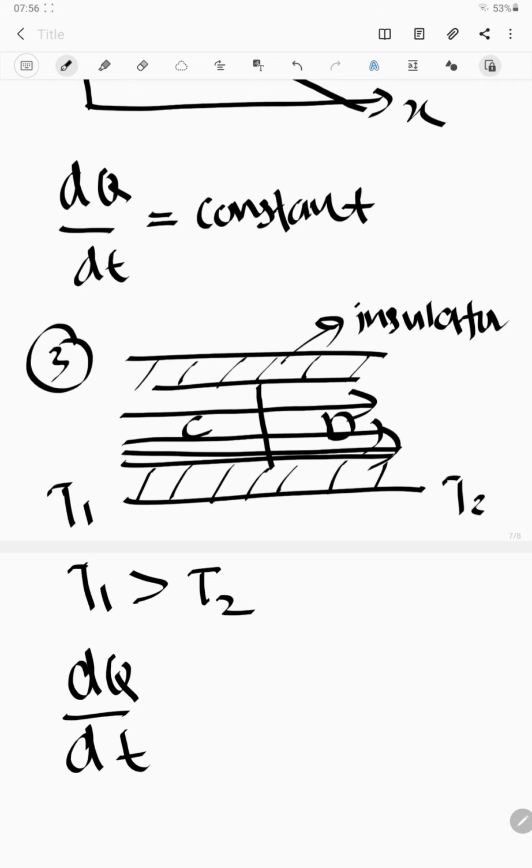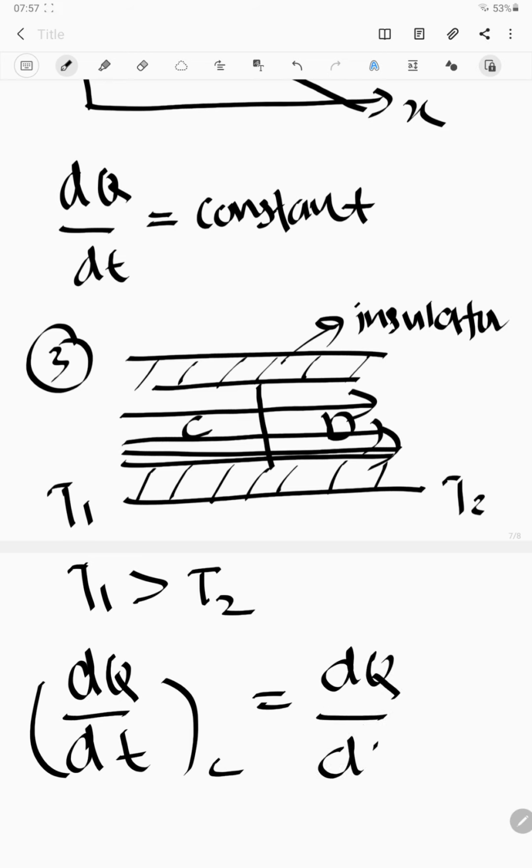Sama, maksudnya dQ per dt bagi material C, dia akan sama antara kedua-duanya, equal to dQ per dt untuk D. Okay, ini untuk kes yang ketiga.